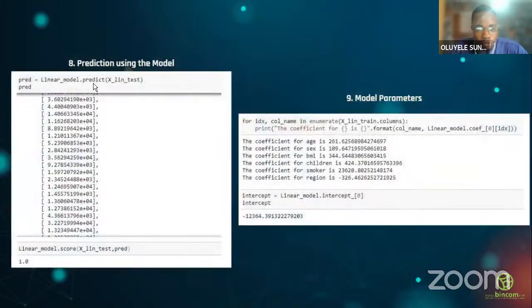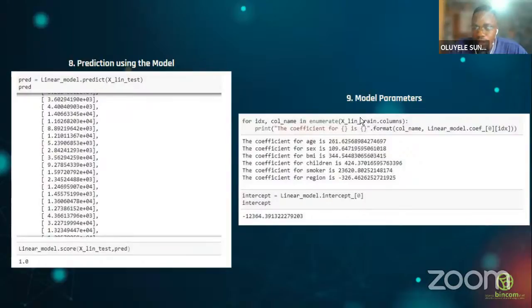The next line is where the prediction is done. We're predicting using our test data. And this last line here is the accuracy of the model. We see that the model has 100% accuracy.